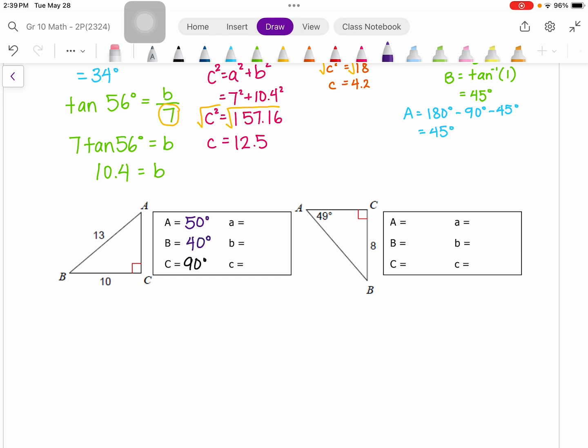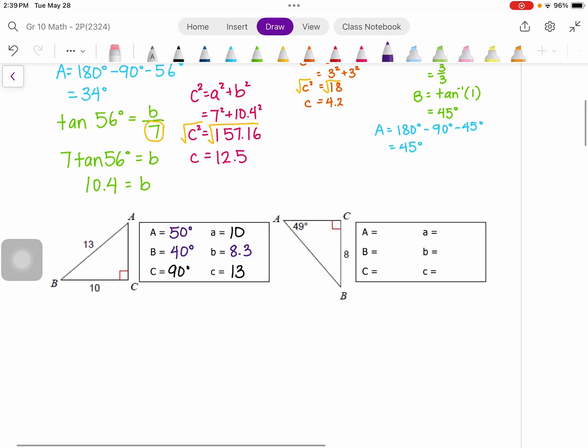And then I also know that side length a is 10 and side length c is 13. And when you solve for side length b, that should be 8.3.